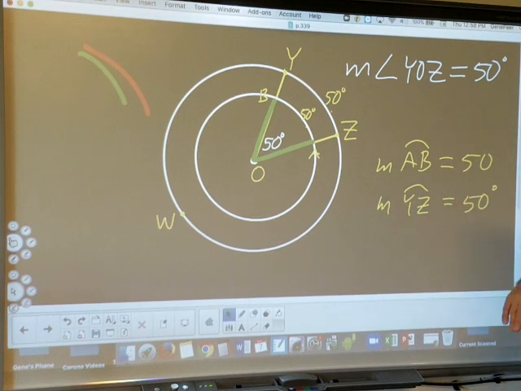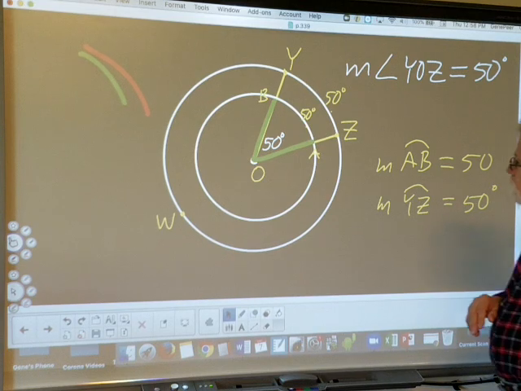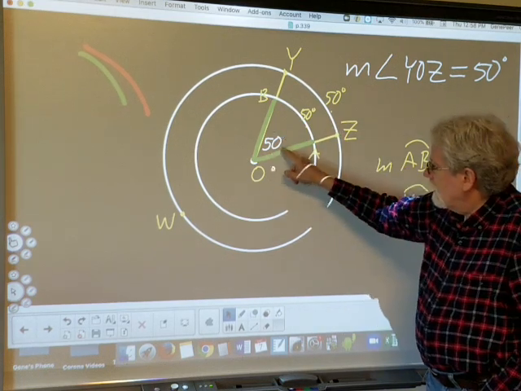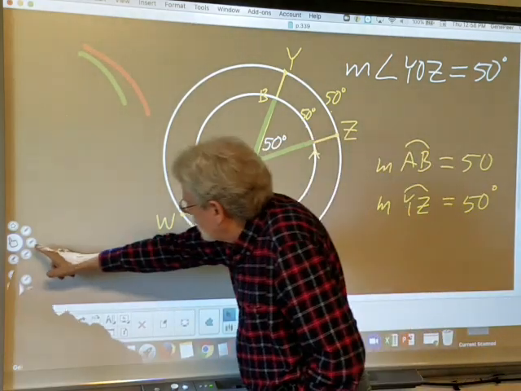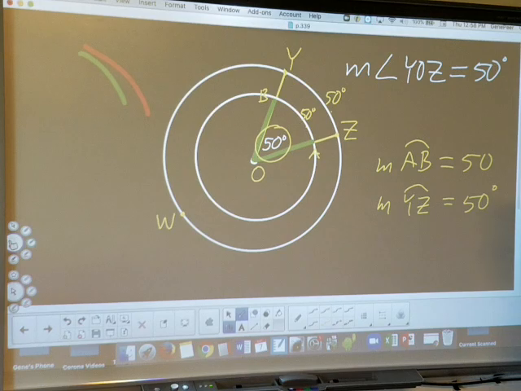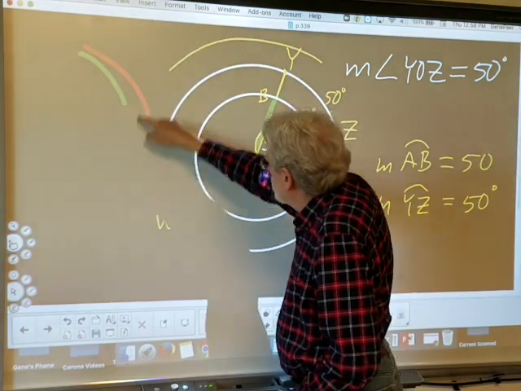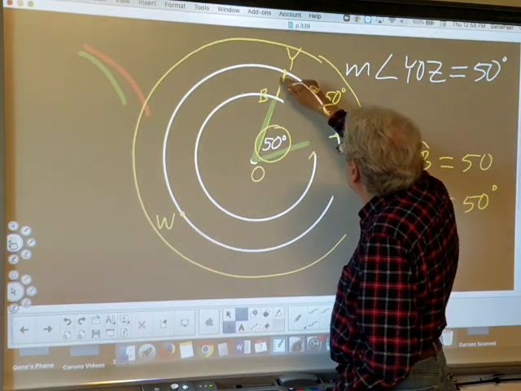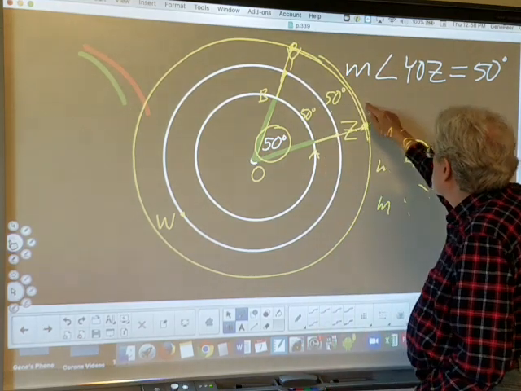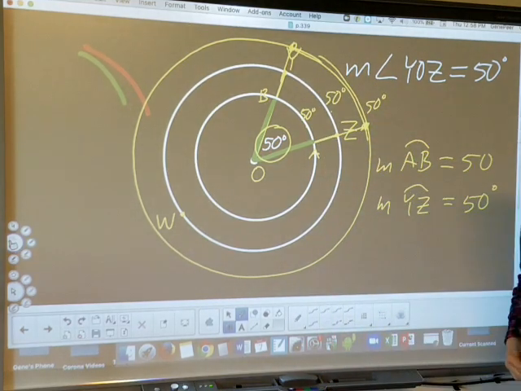But that's how we talk about arc measure. The measure of an arc is equal to the measure of its central angle. No matter how many circles I might have with that same center, this arc would also be 50 degrees.